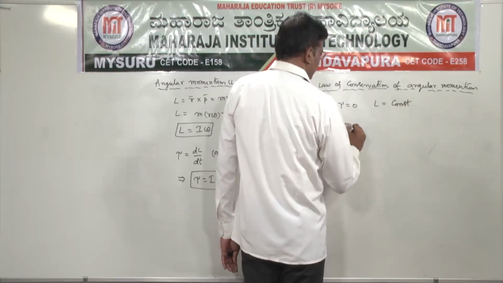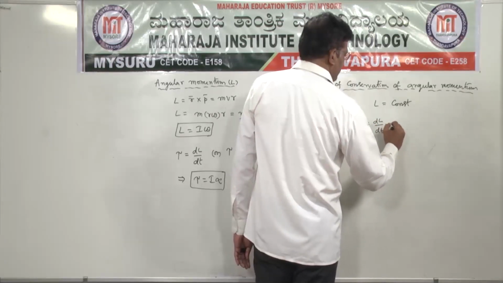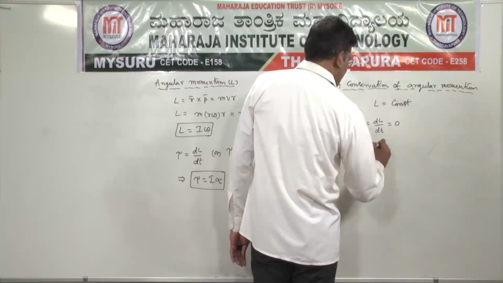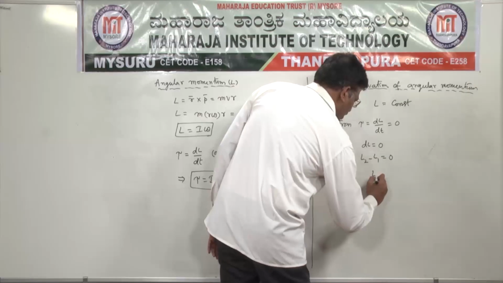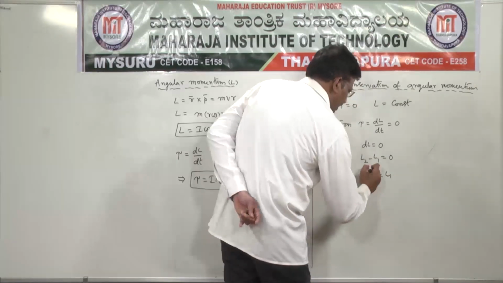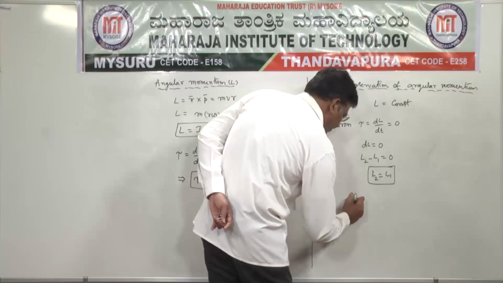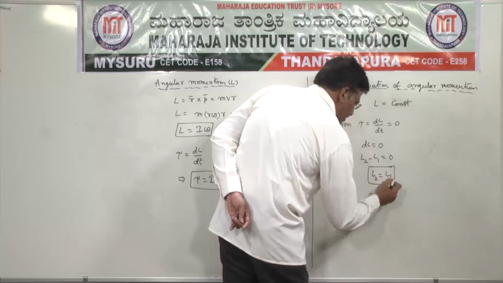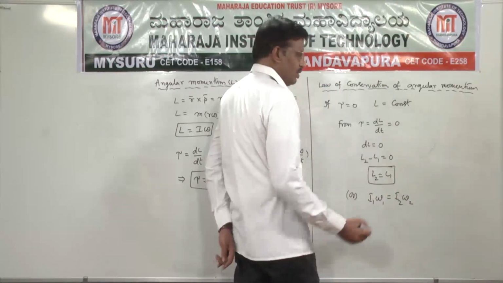From tau is equal to dL by dt is equal to 0, if torque is equal to 0, then dL is equal to 0, or the change in angular momentum is 0, or L2 is equal to L1. That is, initial angular momentum is equal to final angular momentum. We can write I1 omega 1 is equal to I2 omega 2.